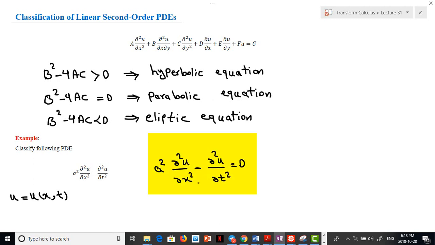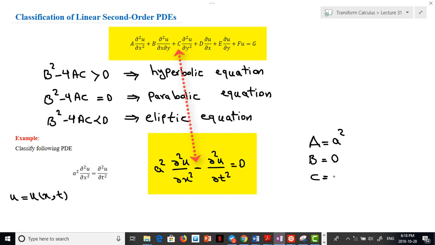If you compare this equation with the standard form of a linear second order partial differential equation, you can see that capital A is equal to a squared, B is equal to 0, C is equal to minus 1, D is equal to 0, E is equal to 0, F is equal to 0, and G is equal to 0.